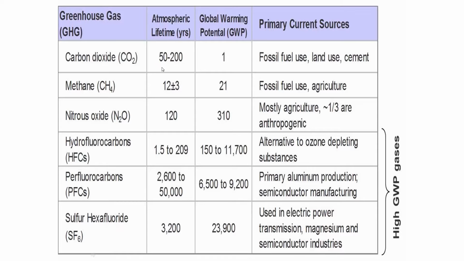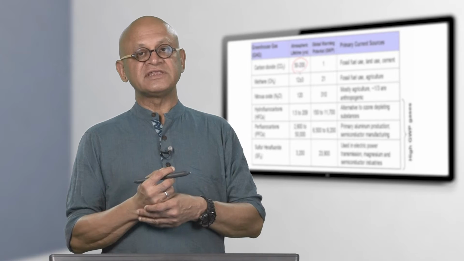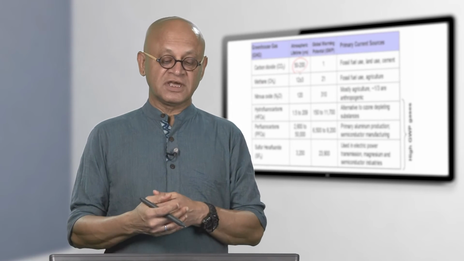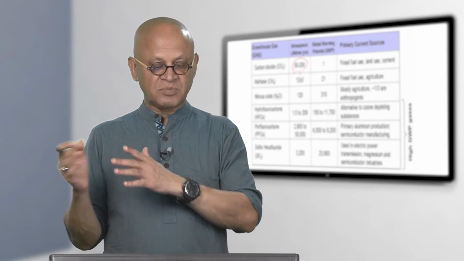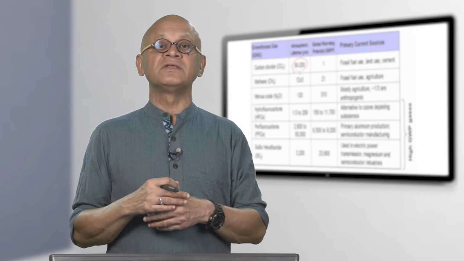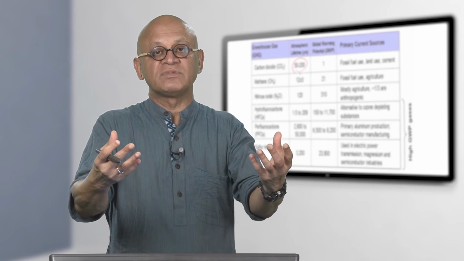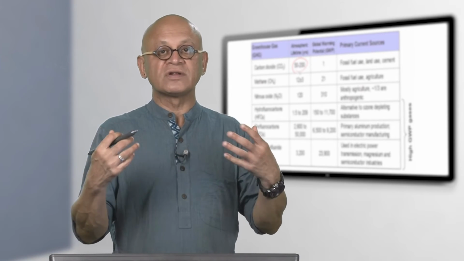Carbon dioxide has a lifetime or a residence time of 50 to 200 years. Residence time is a scientific word which has a definition and there is a way to calculate it. You will have a separate module on it, but intuitively, once you put it into the atmosphere or water, how long does it stay?